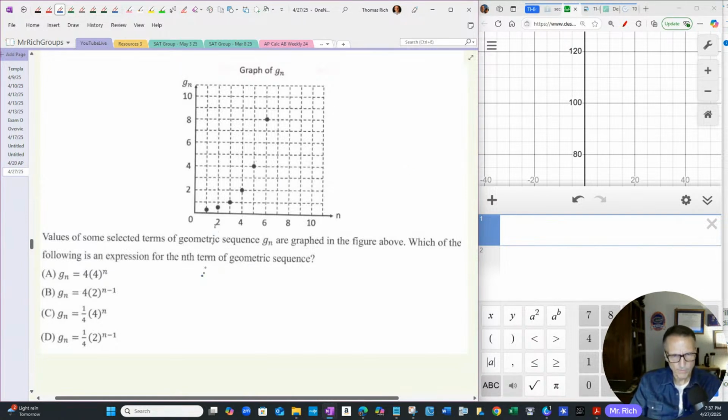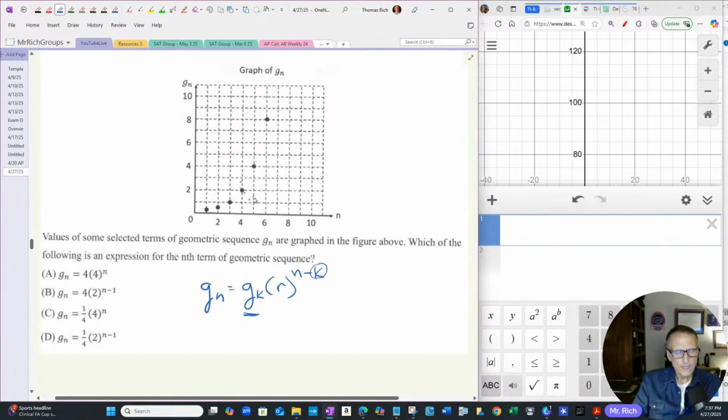And one of the things that I want to remind you of is that you can write a geometric sequence using the following pattern. You can say the nth term of a geometric sequence is g sub k times the common ratio raised to the n minus k. So you can use as your initial value any of the terms in the sequence, as long as k is the term number of that value.